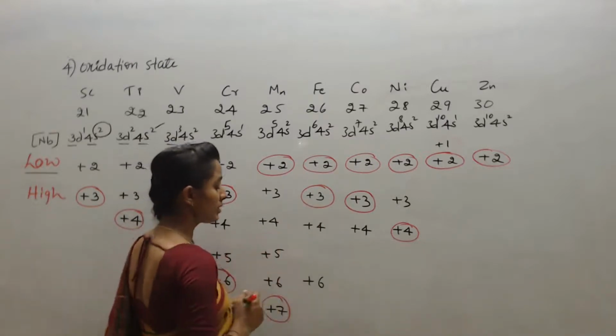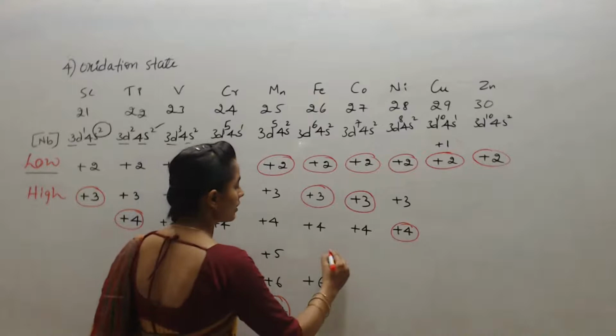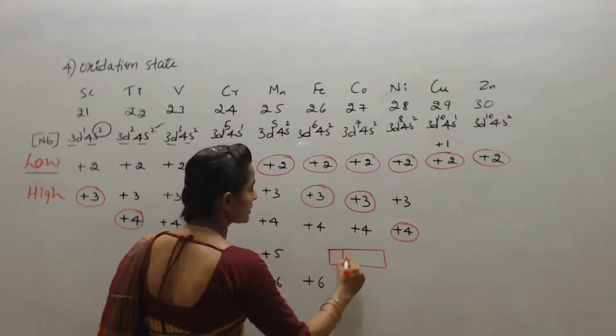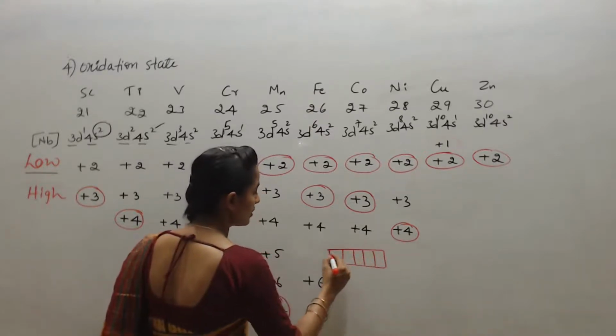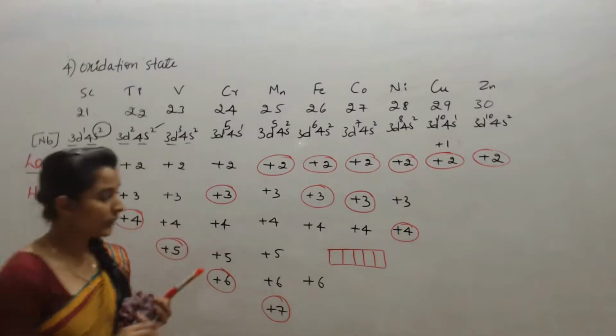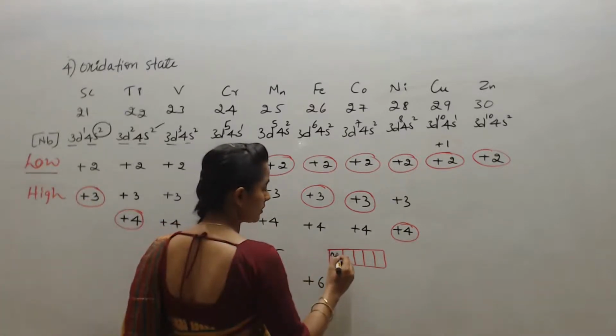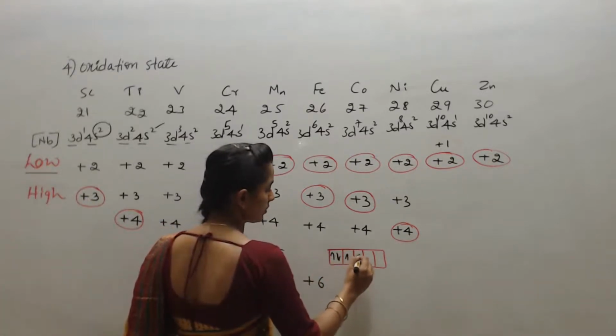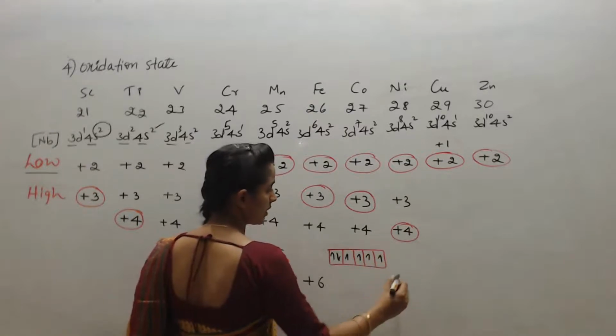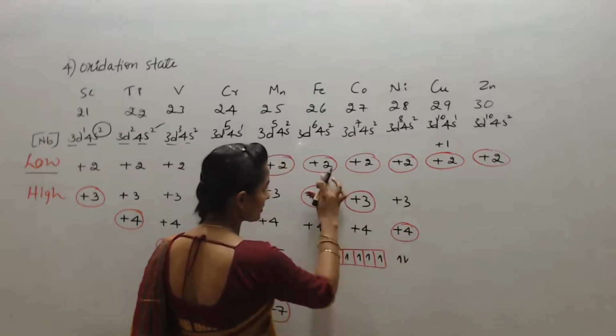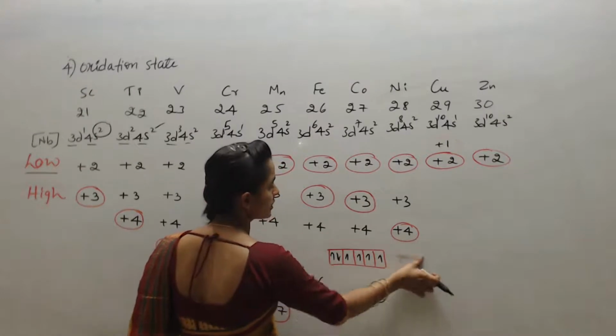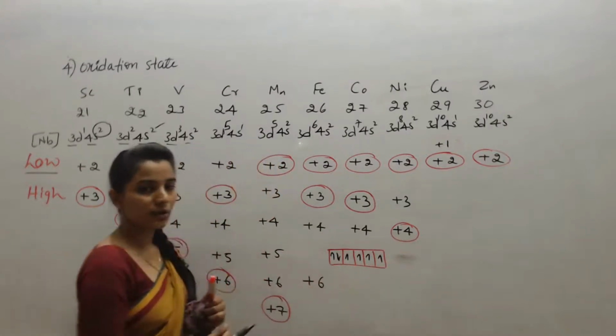Why is it also stable in plus 3? If we write the configuration, students, this is 3d6 and 4s2. If plus 2 oxidation, the s orbital electrons will be removed. Of course, this is a stable configuration.